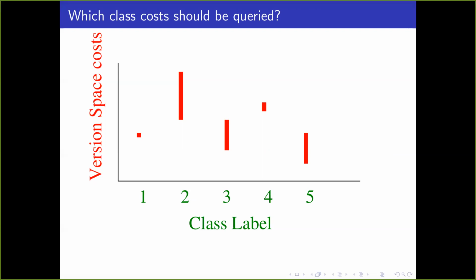So you just ask your set of surviving predictors, what are the plausible costs for this class on this example? There's a more complex but still efficient black-boxable way to get at this. I don't want to go into detail about that, but you can actually estimate what are the plausible costs for an individual class label for any black box squared loss minimizing algorithm.